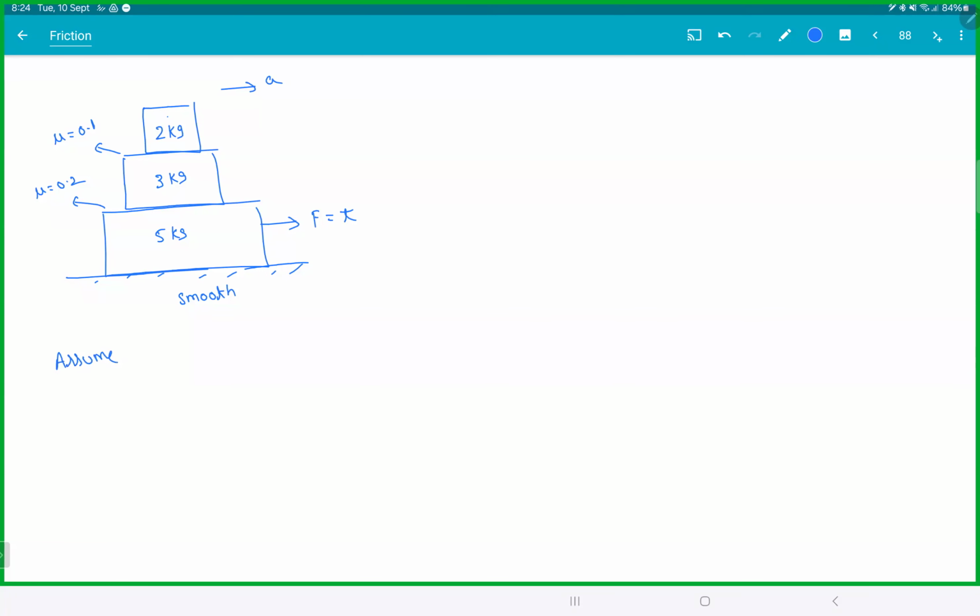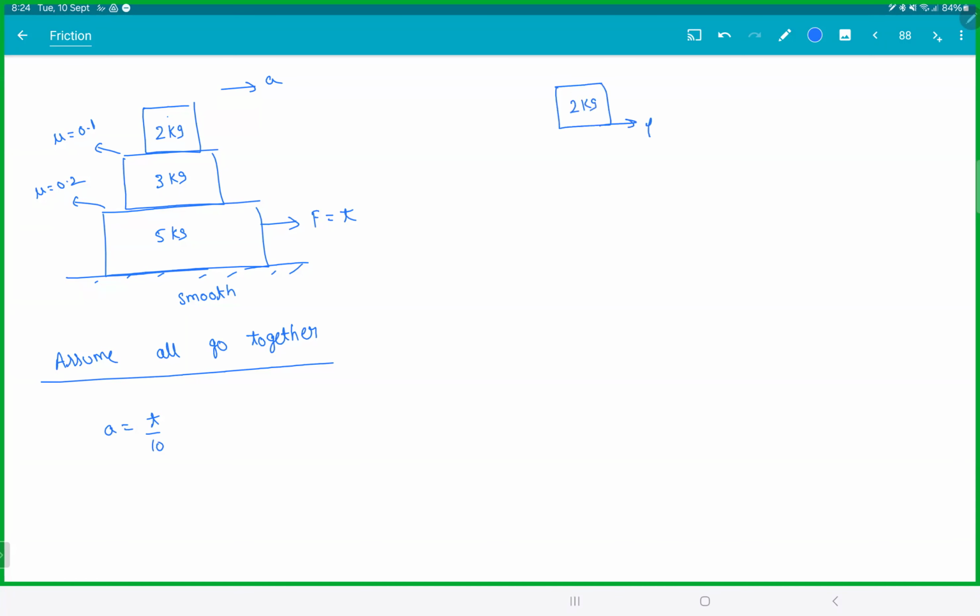There's one catch when you have three block problems. Assume all go together, because every friction is only bothered about its own surfaces. It doesn't care what the other guy is doing. So we get acceleration is equal to T by 10. Let's take any one block. Let's take the 2 kg block.